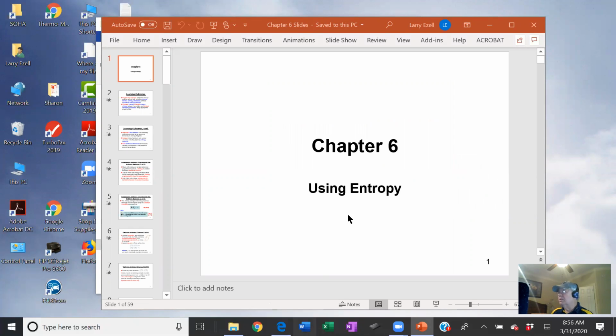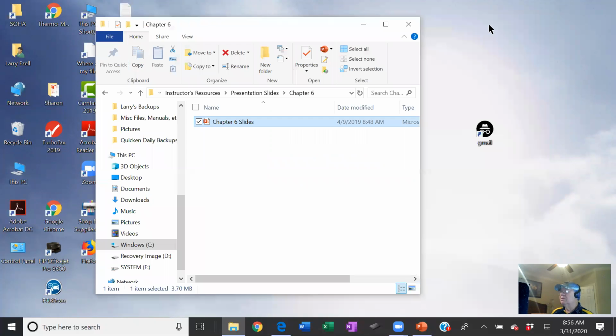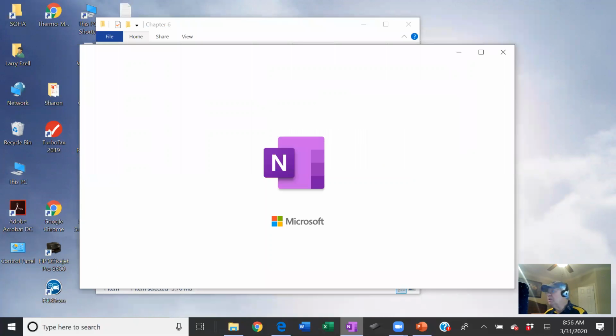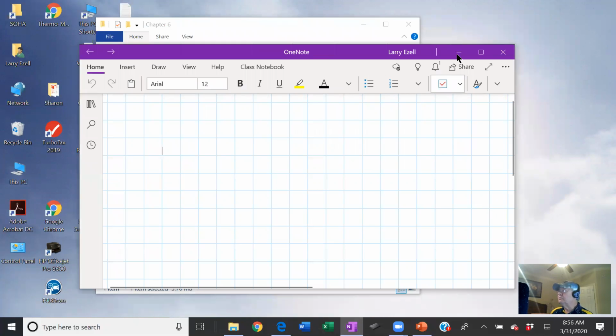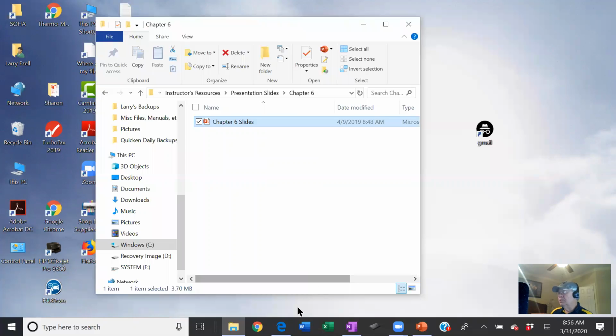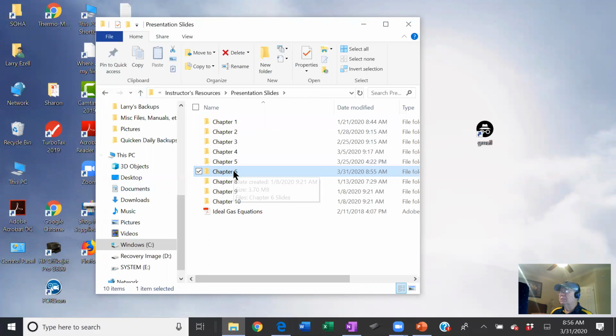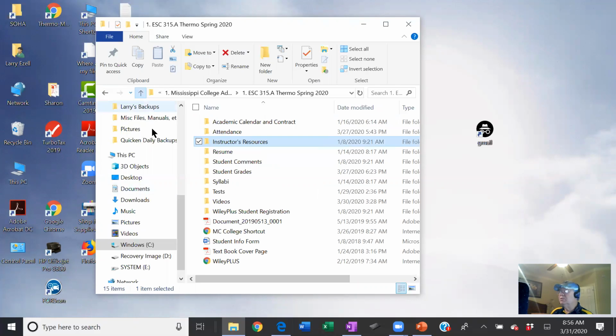So I'm going to start bringing up some other files. Let's see. Oh, I want to open OneNote in case you want to do a little scribbling on my board. OneNote. And I'm going to open, let's see, we need to get the tables out in case we need those.